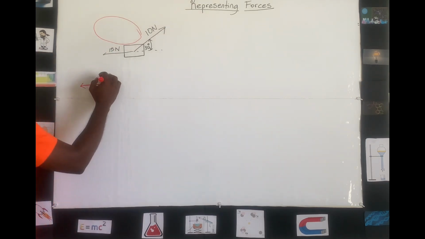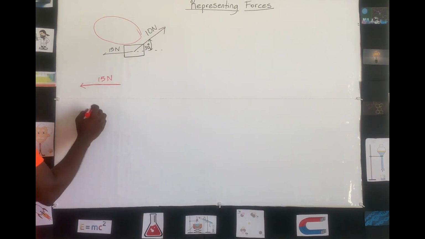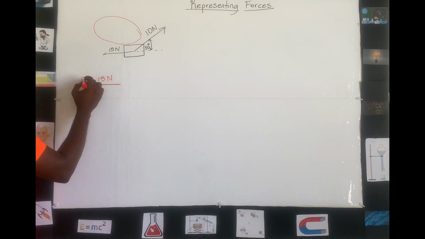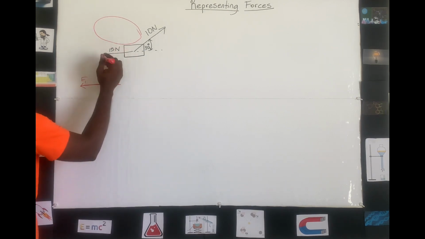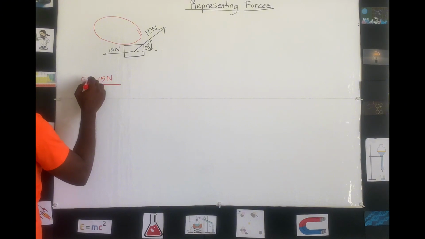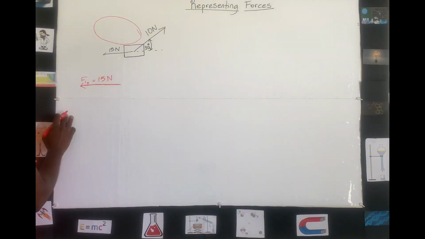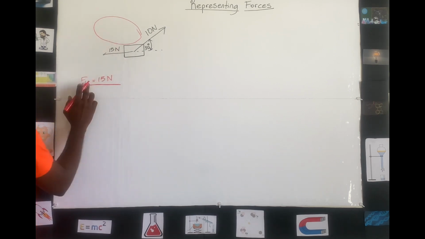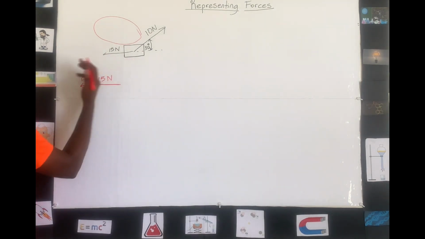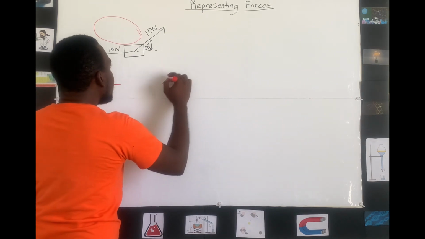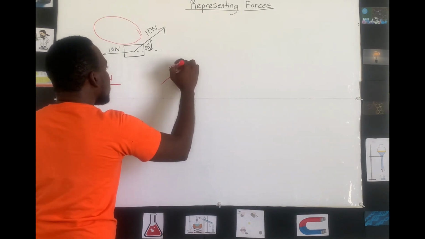So we have the 15 Newton here, and we can call this F1. And this F1 is only in the X plane, so we're going to call this F1X, because it's the first force and it's only in the X plane, horizontal. Then we take the 10 Newton.